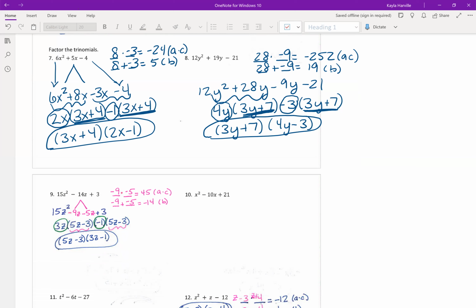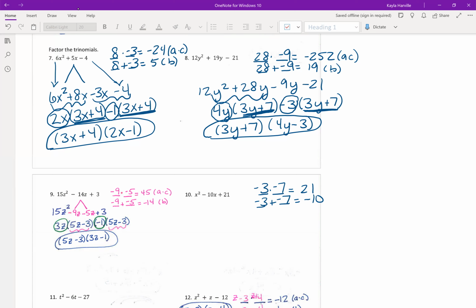So now we're going to focus on when A is just 1. When A is just 1, I've got 1 times 21, which is 21, and I'm adding to be negative 10. If I'm adding to be negative 10 and multiplying to be 21, the only way to do that would be to have negative 3 and negative 7.